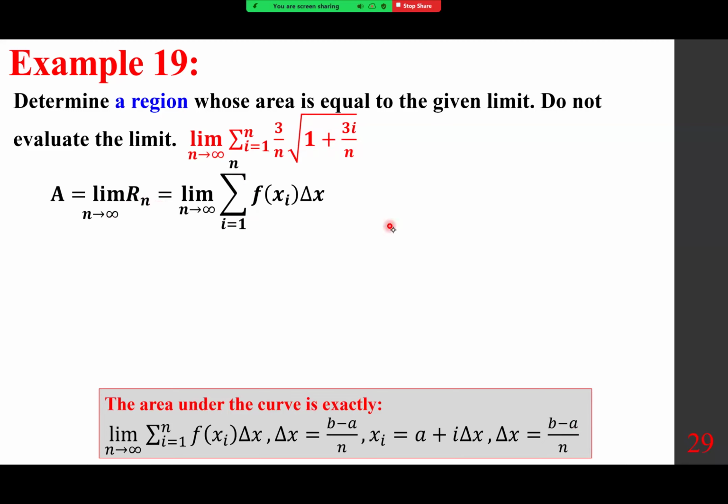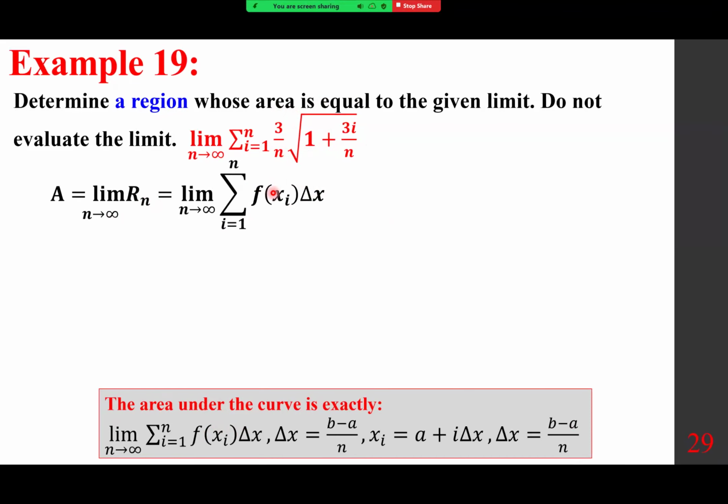So remember, this is the product of f of x sub i and delta x. Delta x may be written in front. Okay, so it seems to me that 3 over n is delta x, and this one is f of x sub i.